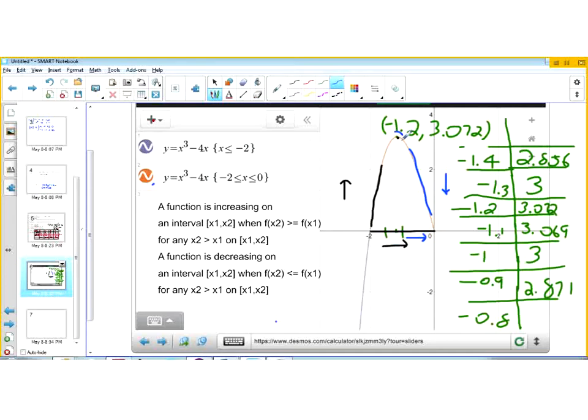Okay, so now that brings us to a very fundamental concept of calculus. We have this vertex right here. All right, so this vertex is called a local maximum. Let me type it in instead of handwriting it. So let's talk about a local maximum.